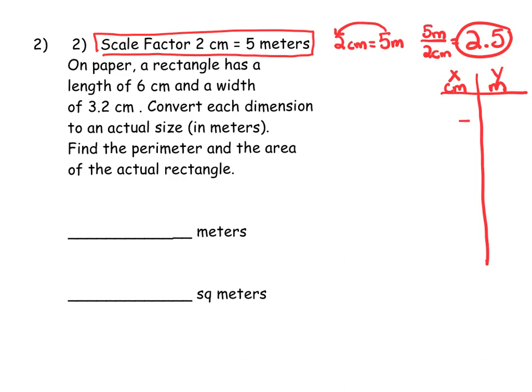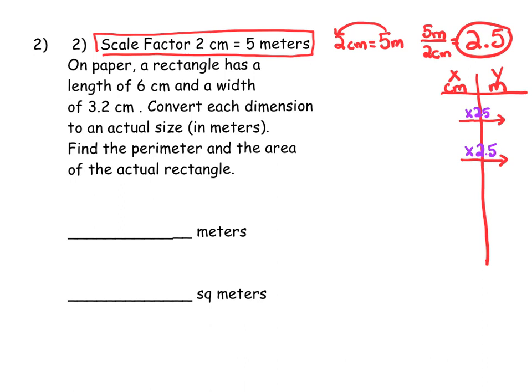We know that as we go from left to right for this particular table, we're going to multiply by 2.5 each and every time. And if we were going from right to left, we'd divide by 2.5. But let's see what we're given in this problem. Even though you may not have a paper copy, you can record this in your notes.